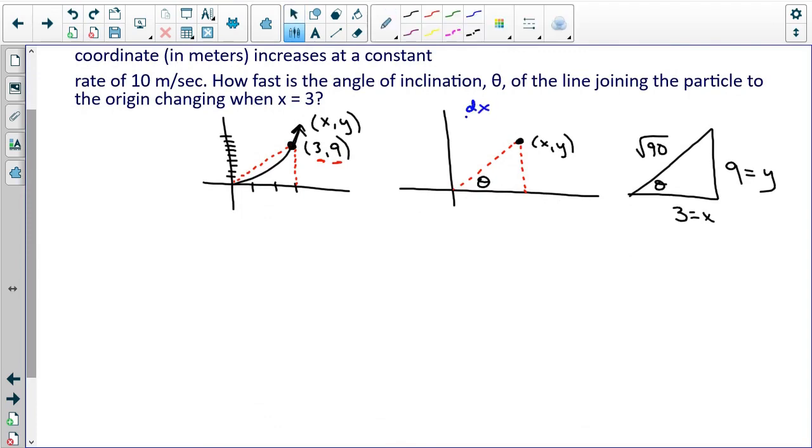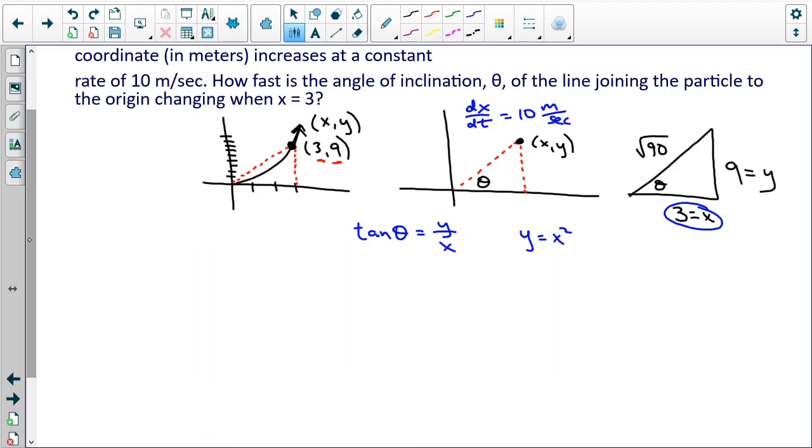So I know that dx dt in this problem is 10 meters per second. And then I have x is 3 at the moment that I'm actually talking about. So I can take tangent of theta is equal to y over x, but note that y equals x squared in this problem.